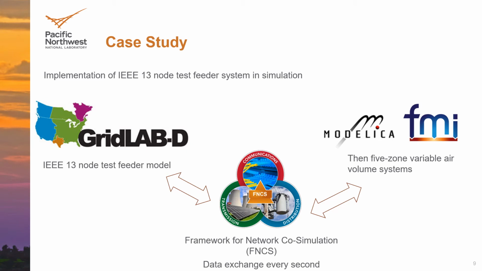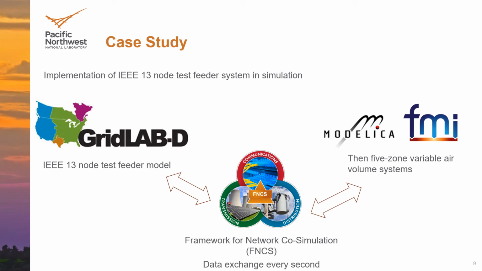We also leverage the FiveZone model from the Modelica Buildings Library as the building system. Because the building system is implemented in Modelica, we utilize a co-simulation engine called HELICS, the framework for network co-simulation, to connect GridLAB-D and Modelica.